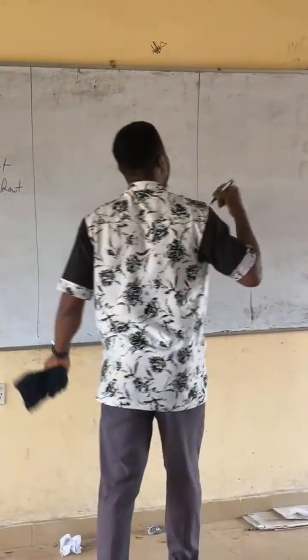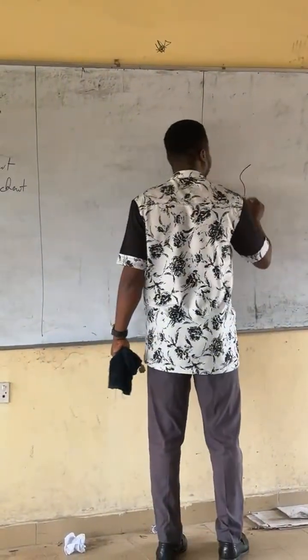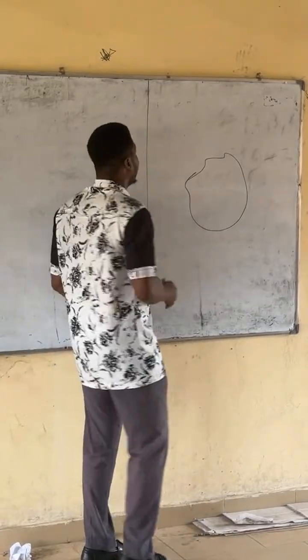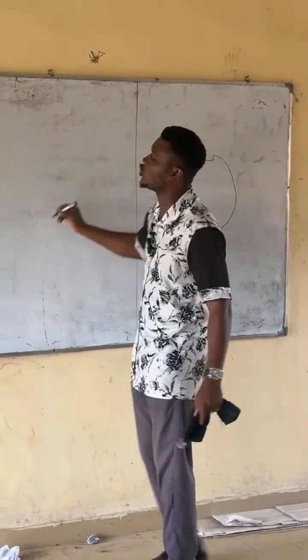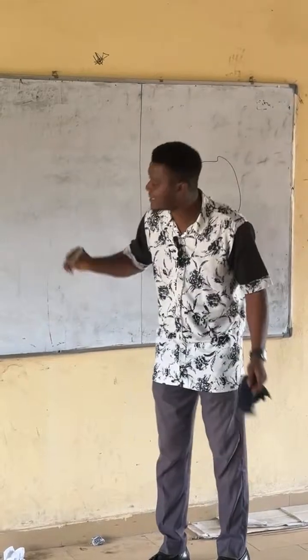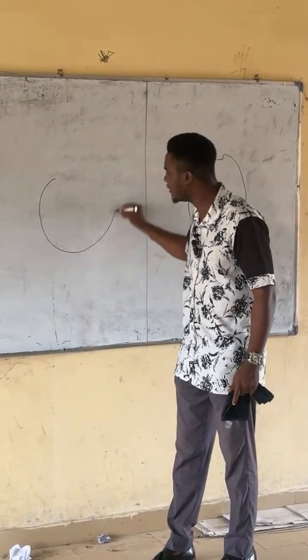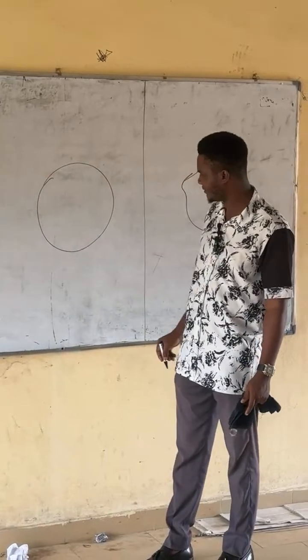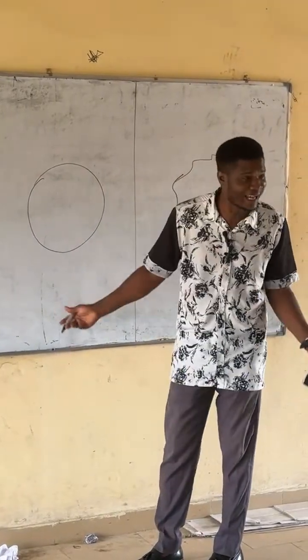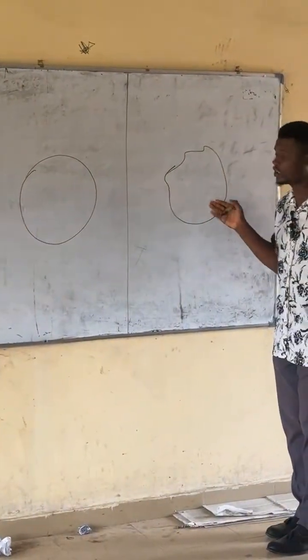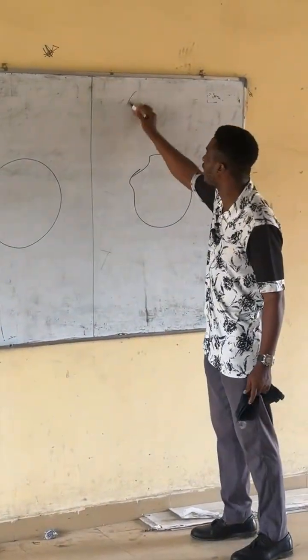Some of us, because the question says sketch, will do like this. This is now a circle. Sketch means draw what looks like a circle. Even though your hand is bent, just try to make it straight. Look at my own. Very nice. So this is better than this. Don't say it's because you are scared. Some of you would even draw an egg.